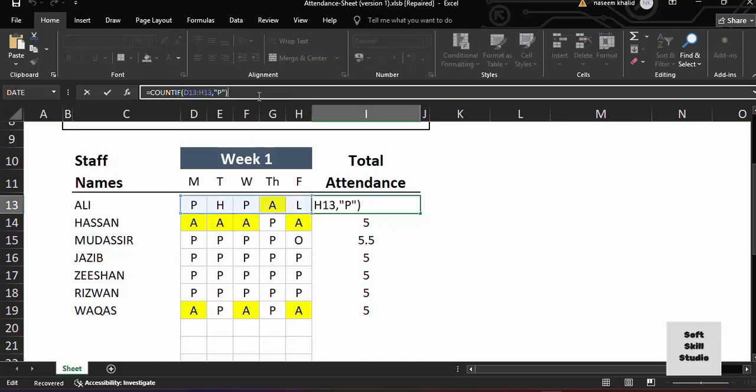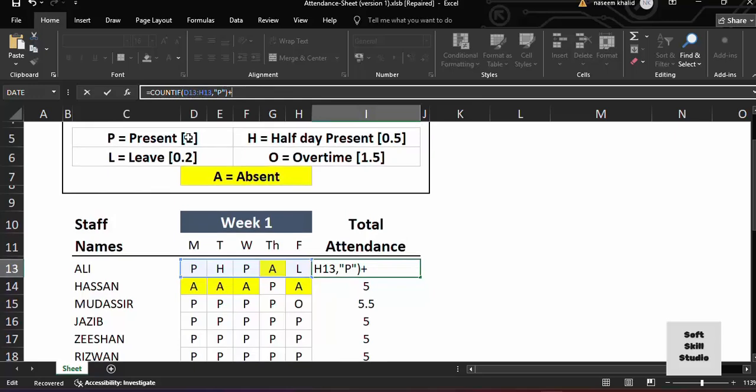Now I will copy this formula, Control C, and then again I will put plus, because I also want the half day.